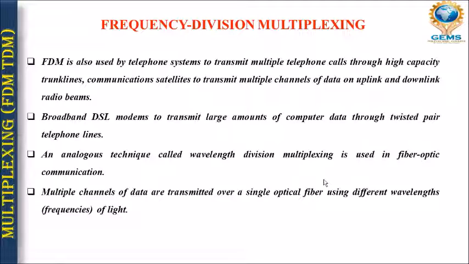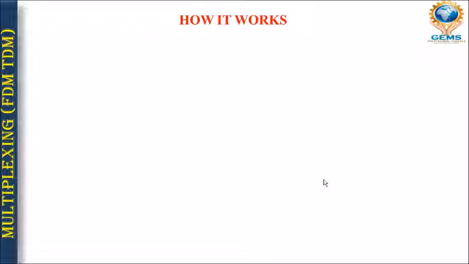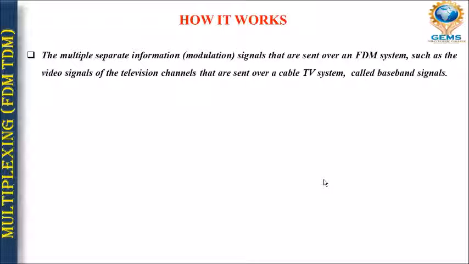Okay, now let's see how it works. The multiple separate pieces of information are also known as the modulating signal or baseband signal, or simply the message, that is sent over the FDM system.